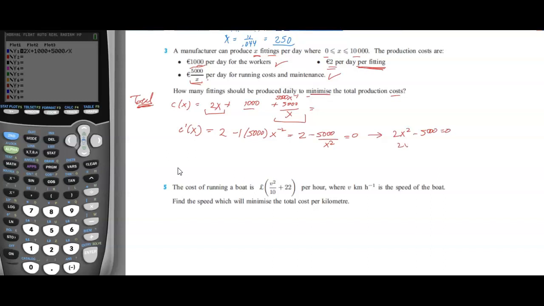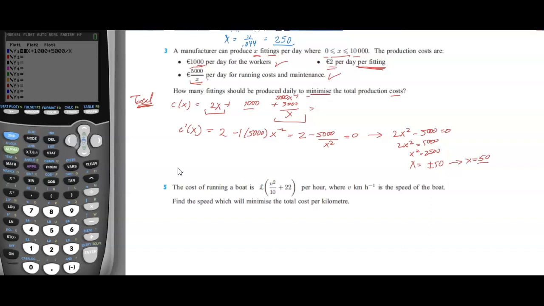Then we have 2x squared equals 5,000, and then x squared equals 2,500, and if we take the square root of both sides, it would be x equals plus or minus 50, right? Because 50 is the square root of 2,500, and of course, x has to be a positive number, so we reject the negative 50. It's basically x equals 50. Okay, so x equals 50 would be where the minimum point is.